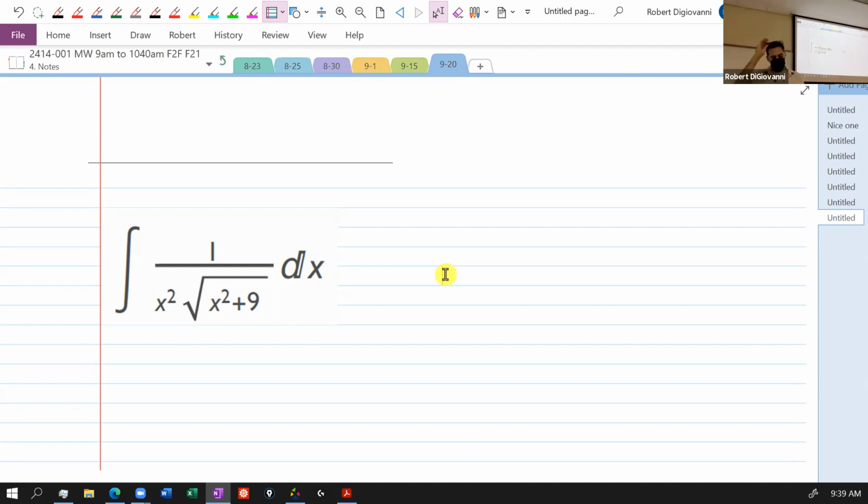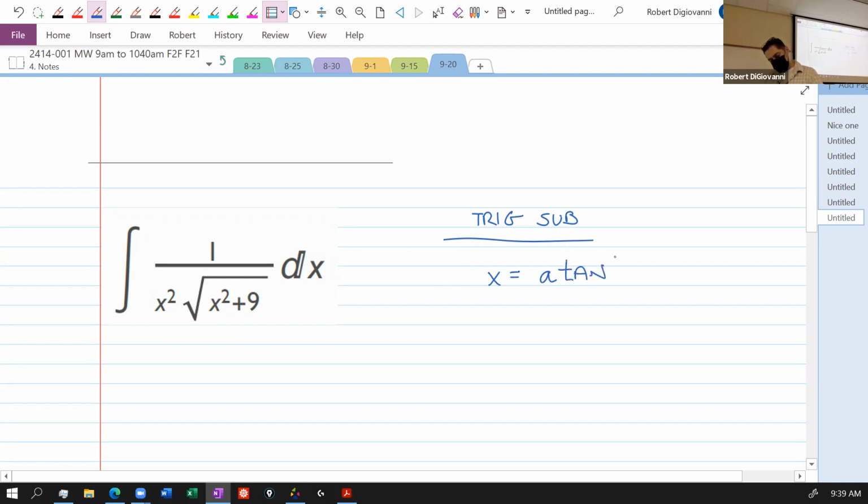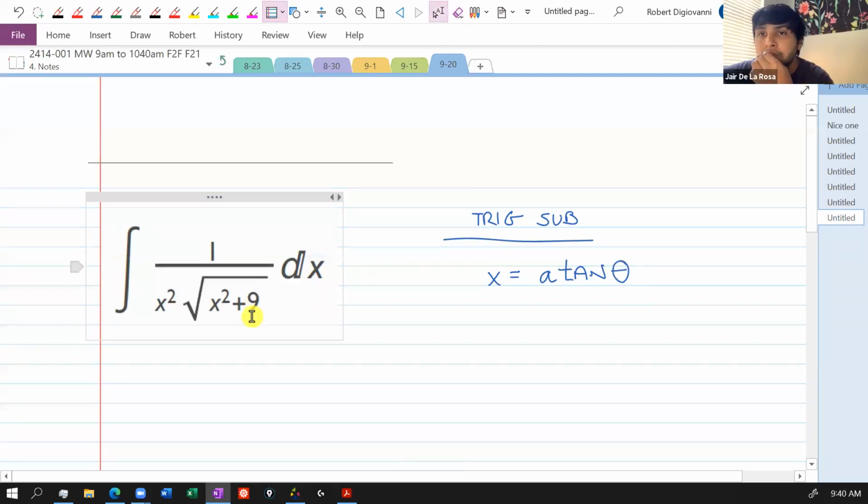So the trig sub we make here is, what is it? X is what? A tan theta. So what is A for us here? The 9, A is always the number squared, right? So A for us is 3.